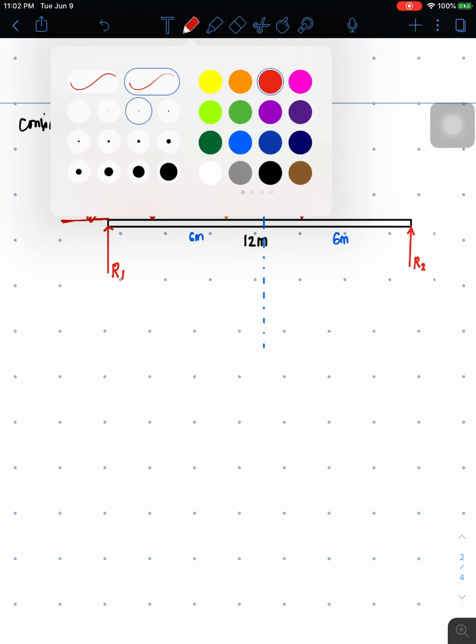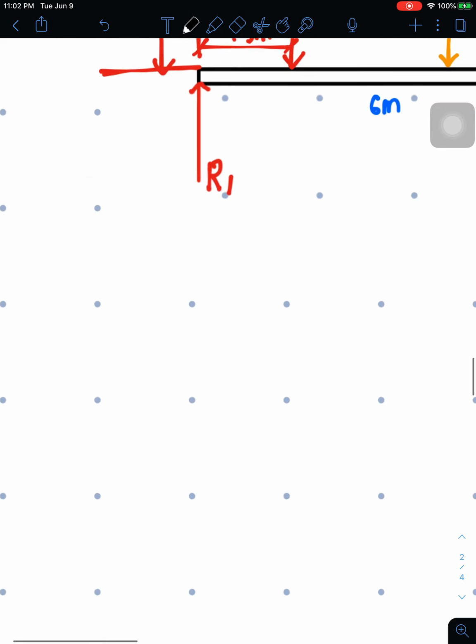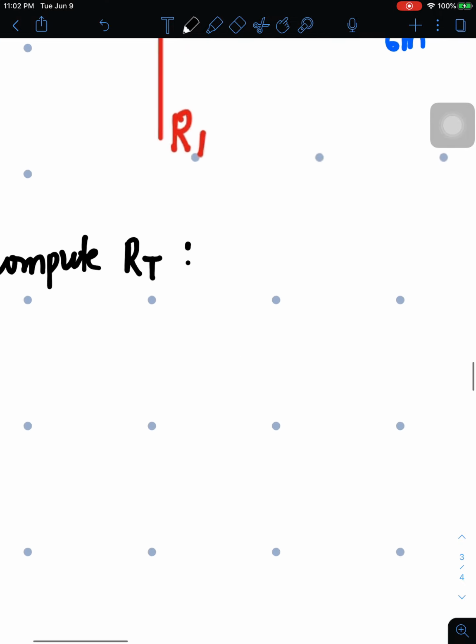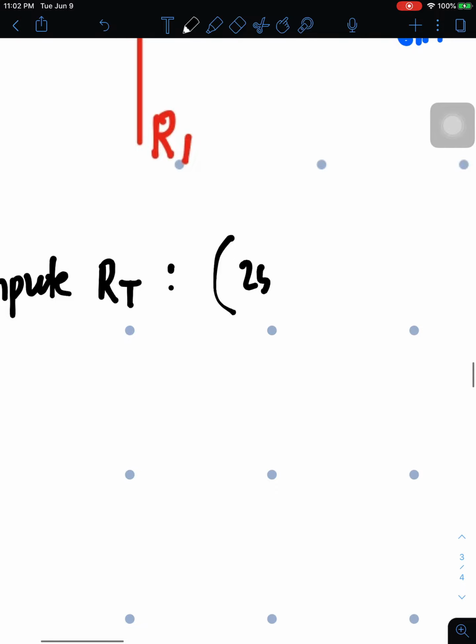So therefore, we're going to recompute the resultant without the 15. So recompute the resultant with only 25 and 50.